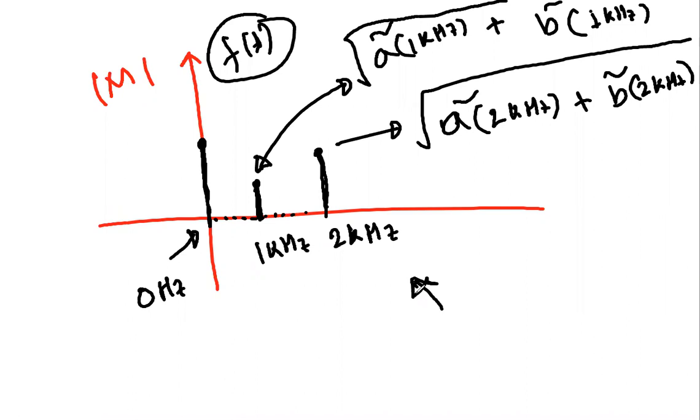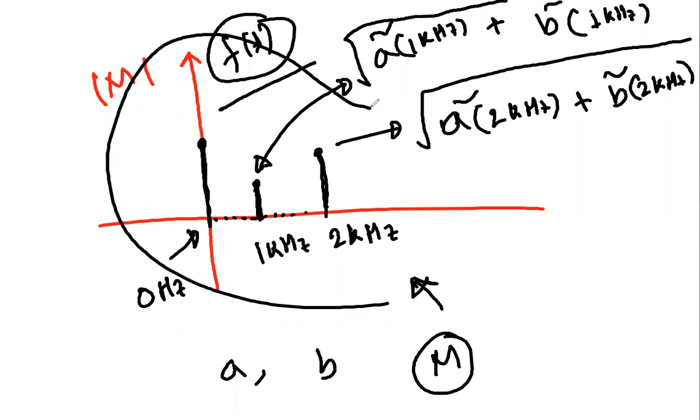And the significant part of this notion is that f(t) was your unknown signal, and you tried all the possible values of A and B. From there, you tried all the possible values of the magnitude response, and you found this spectrum. From this spectrum, you can say that f(t) contains 0 hertz, 1 kilohertz, and 2 kilohertz.